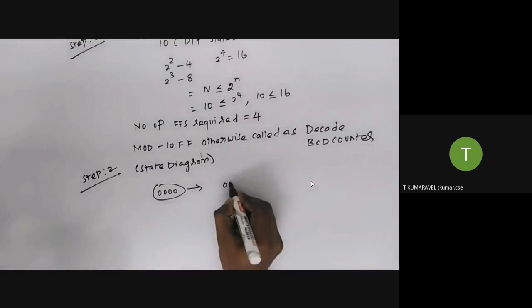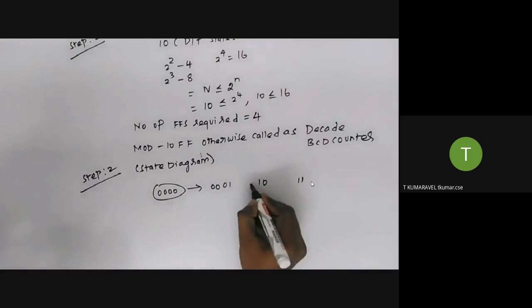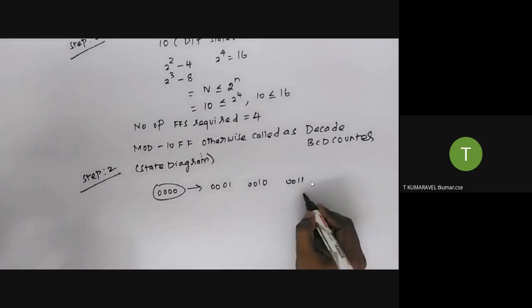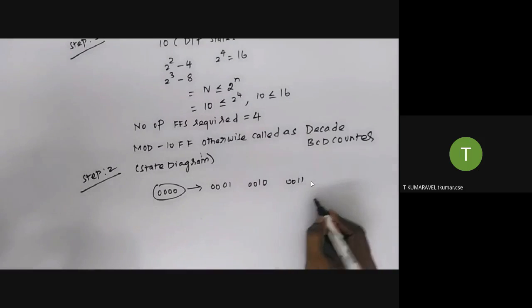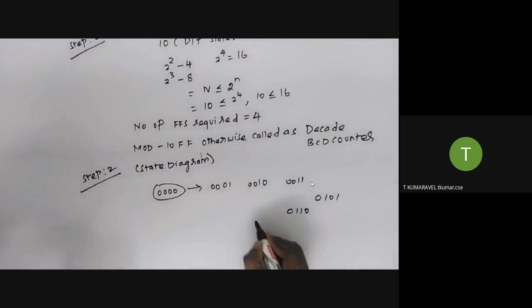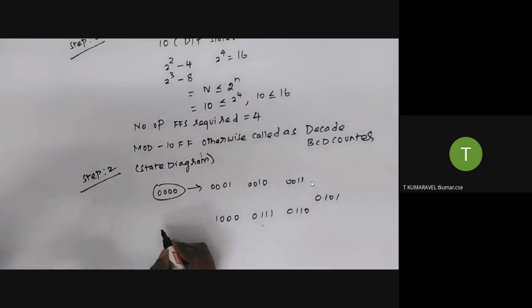The next state is 1, 2, next one is 3, next one is 4. What about the next one, 5, which is 0, 1, 0, 1? Next one is 6. What about 7? This is 7, 1, 1, 1. And what about 8? This is 8. What about 9? This is 9.